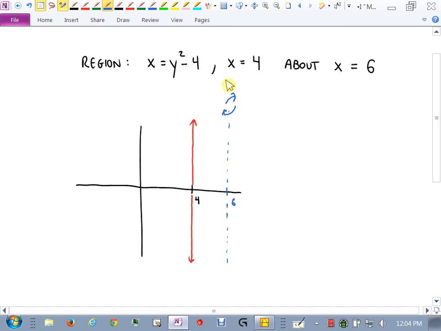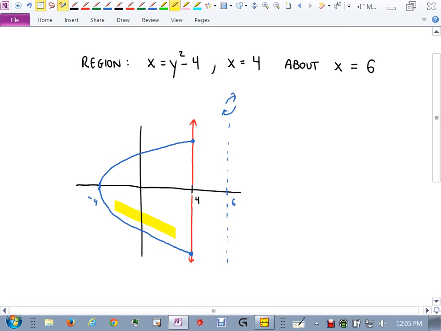Now I need the x equals y squared minus 4. We said that's a parabola that opens up sideways. Where is it? Down here somewhere. Here's negative 4. And it goes like this. Oh, geez. That's all right, that'll work.